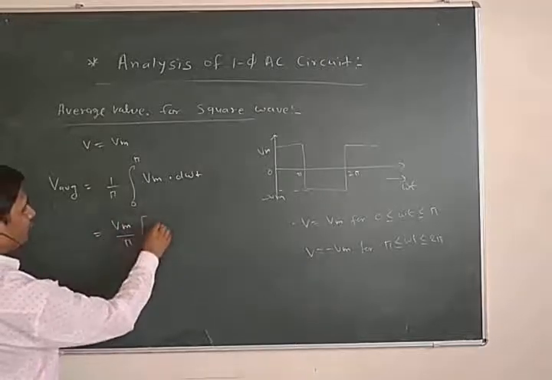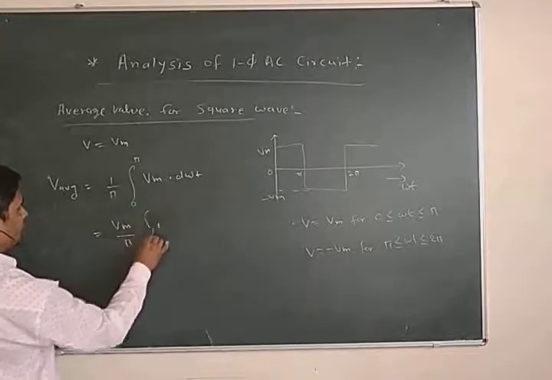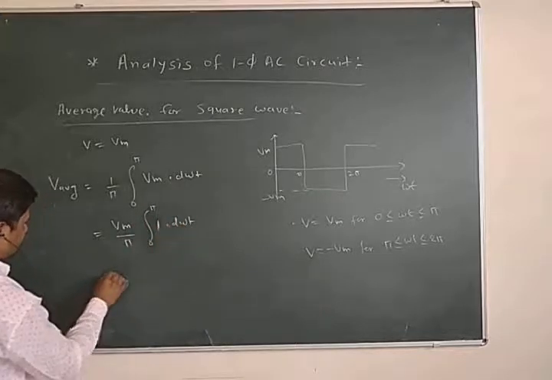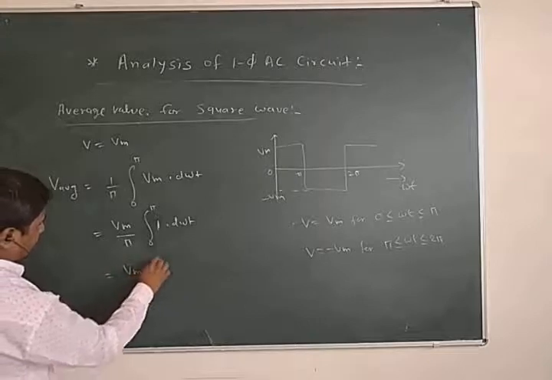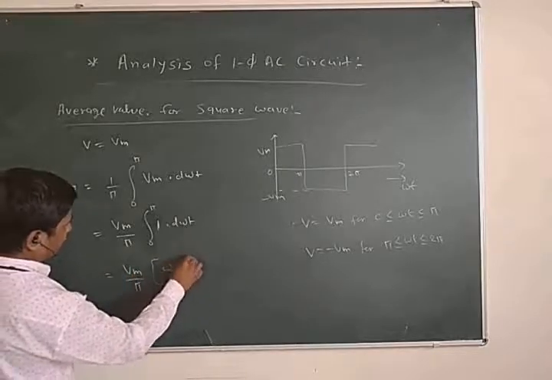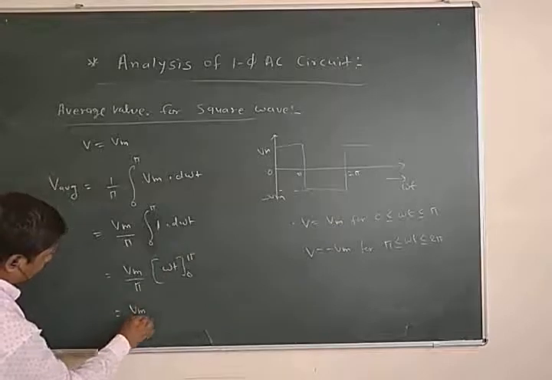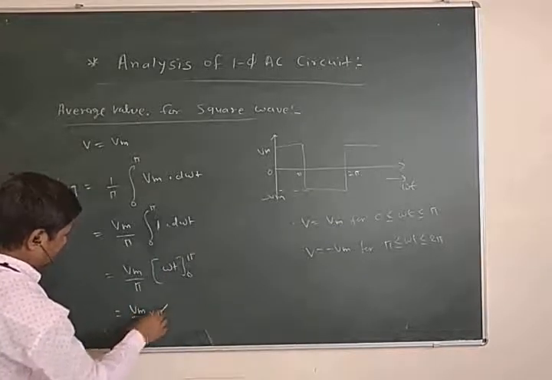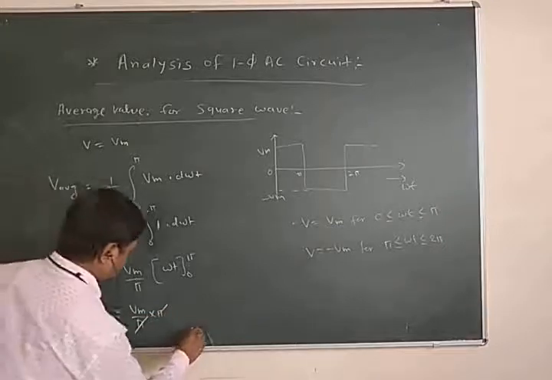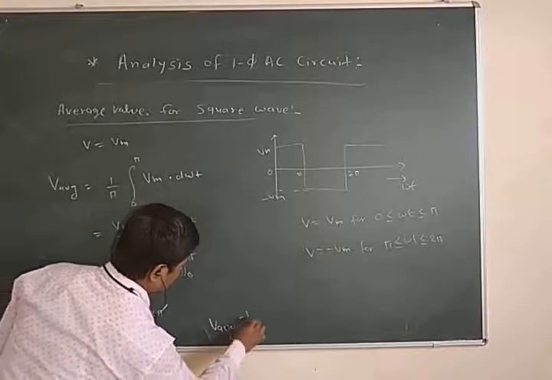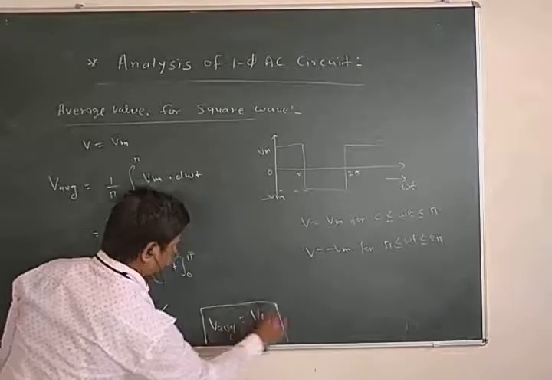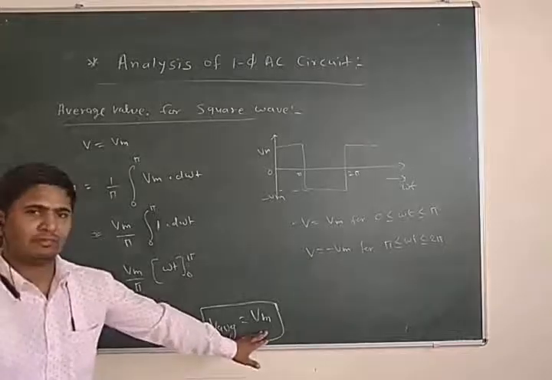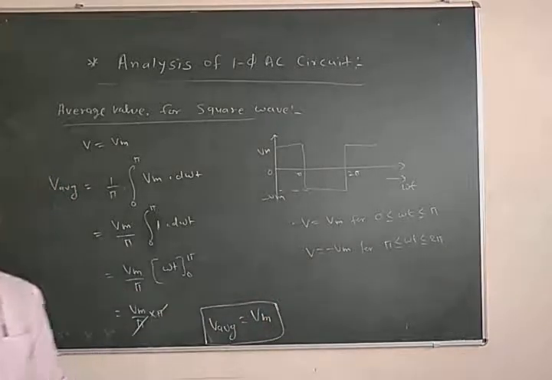and the integration of 1 dot d omega t. So Vm upon pi, omega t from 0 to pi, gives Vm upon pi into pi. So pi and pi cancel. V average is equal to Vm. So in the square wave, the average value is equal to the maximum value of the function.